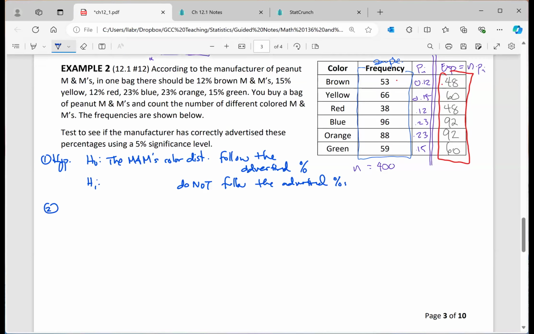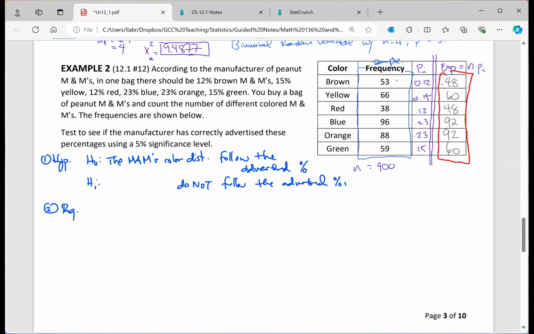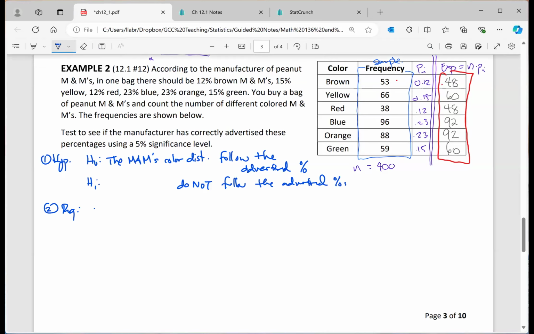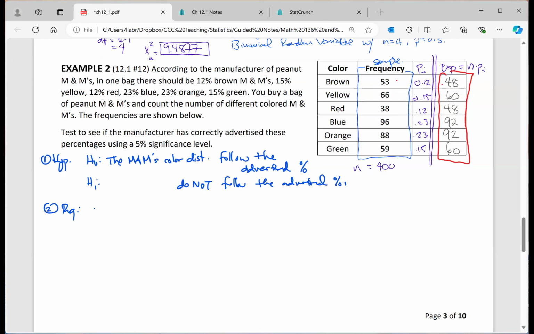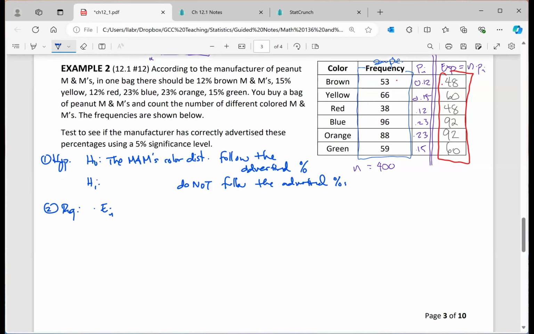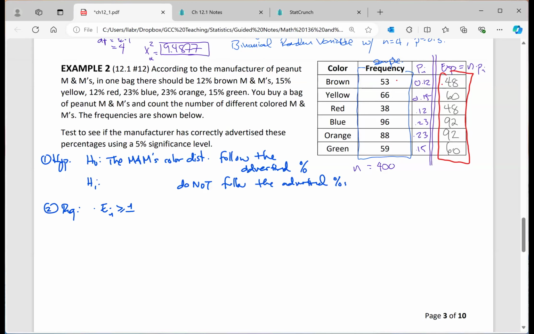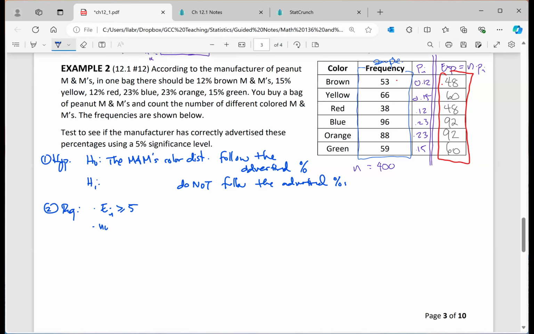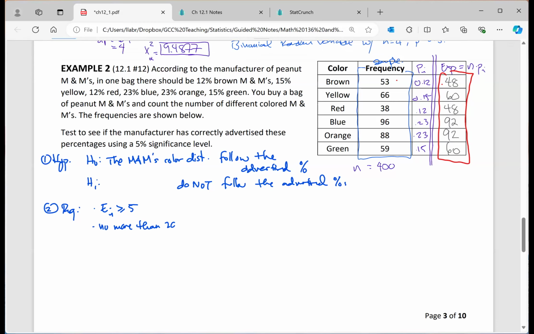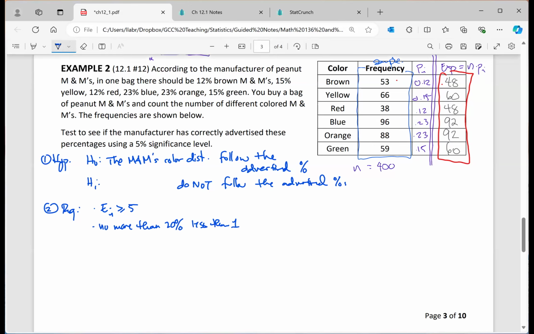All right, then we go ahead and check the requirements. I'm going to skip the SRS and independence. Remember that for goodness of fit, it's whether the expected counts are all greater than 5, and no more than 20% are less than 1. So you just use your eyeballs for this one.